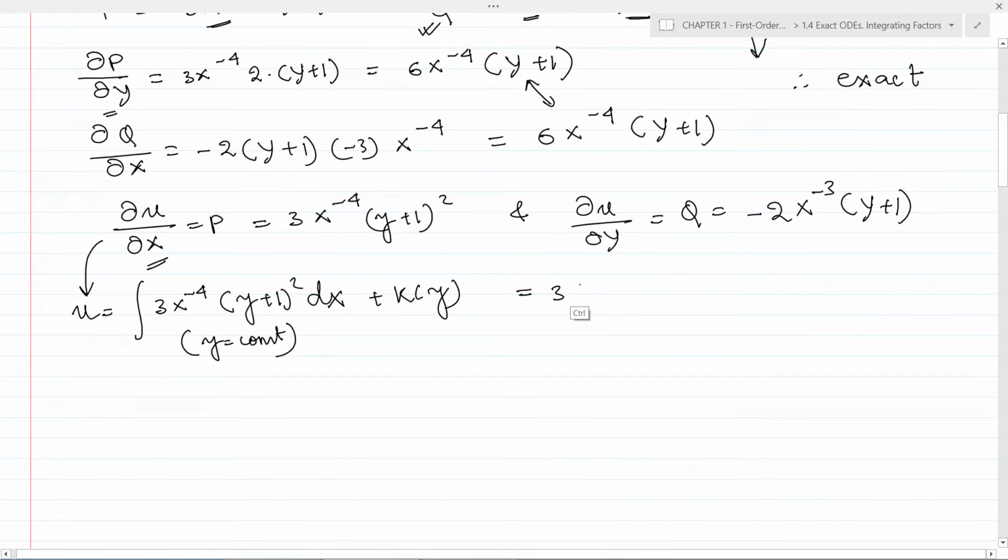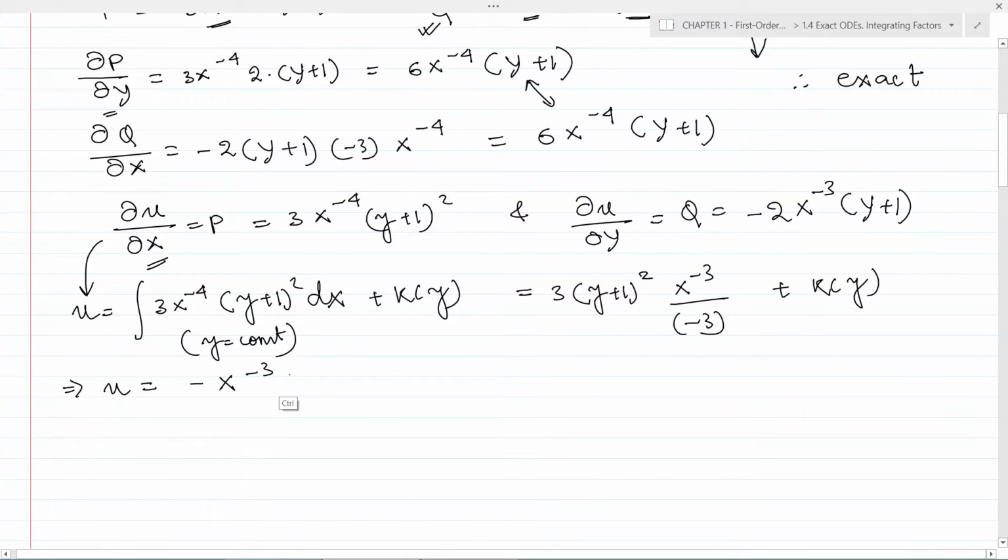So, we can write 3 whole into y plus 1 whole square, and we will take integration of x to the power minus 4 dx, and that will be x to the power minus 3 divided by minus 3 plus k of y. So, we can write u equal to, this 3 term and minus 3 term cancel out, and this will be minus x to the power minus 3 whole into y plus 1 square plus k of y.